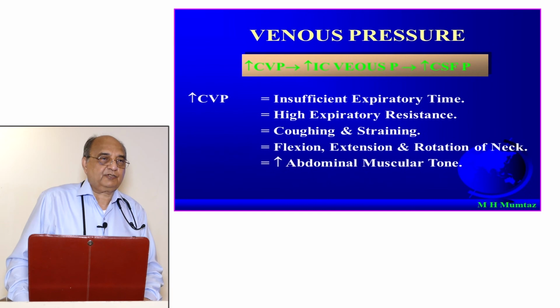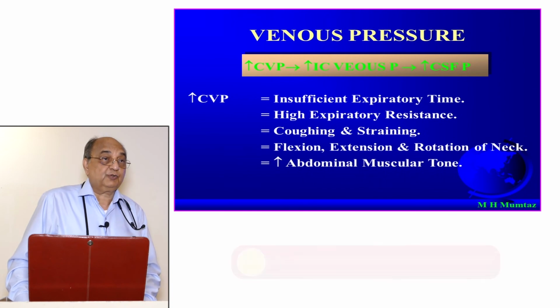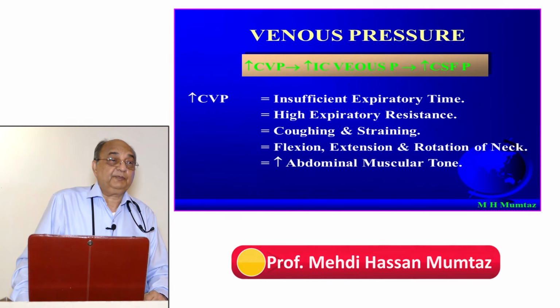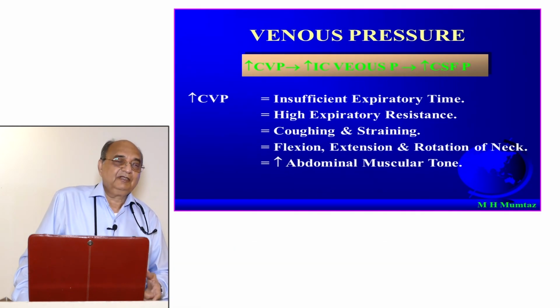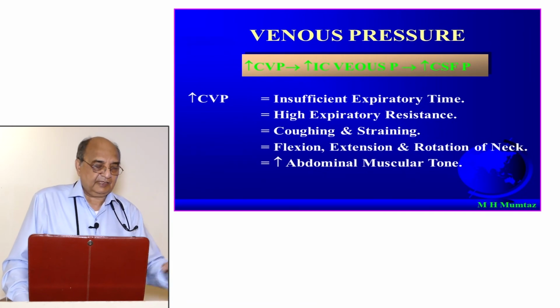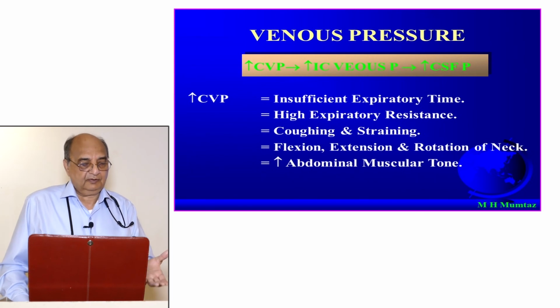Always make sure that expiratory time is adequate when you are ventilating these patients. There should not be any induced PEEP, so no auto-PEEP, because the gases should come out completely from the lung. If you leave some gases in the lung, it will increase the intrathoracic pressure.